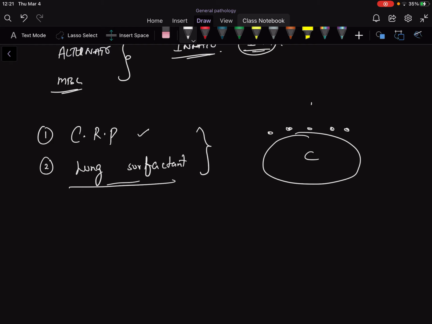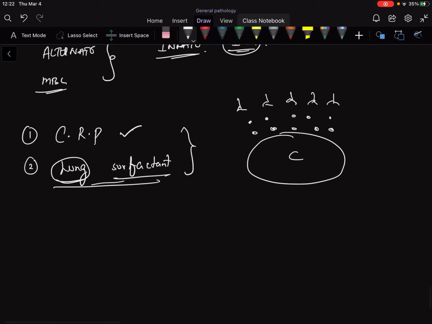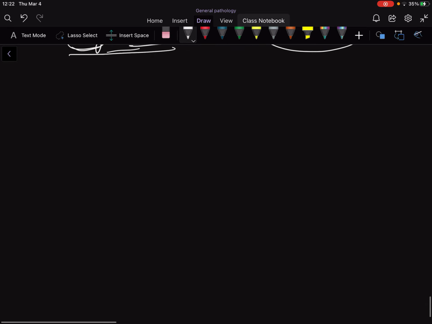Suppose this coronavirus is a donut, and the C-reactive proteins act like toppings on the donut, and later the antibodies come and bind with them. That is the function of C-reactive protein, and lung surfactant helps in protection against certain types of viruses. Both come under innate immunity.